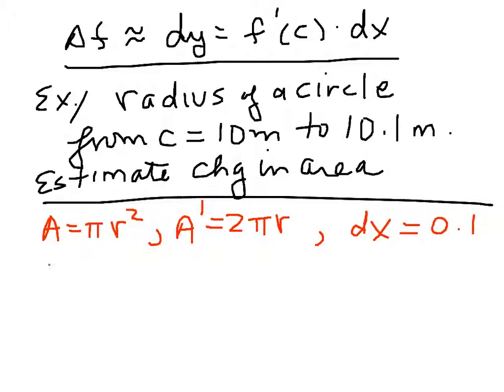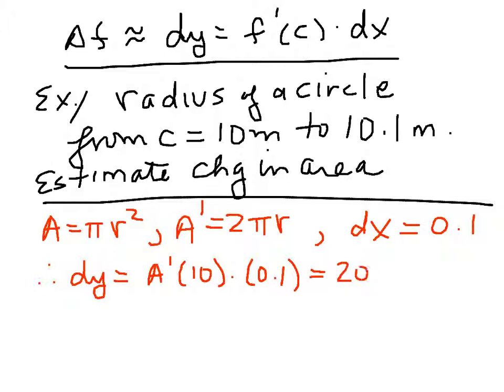Therefore, dy is equal to the derivative evaluated at c, A prime of 10 times 0.1, which is, well, A prime of 10 is 20 pi, times 0.1. So dy is equal to 2 pi.